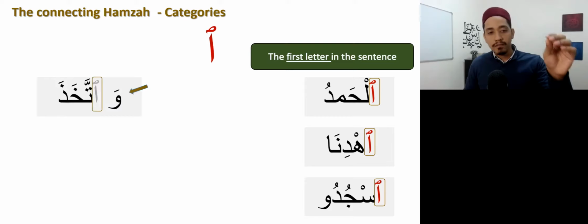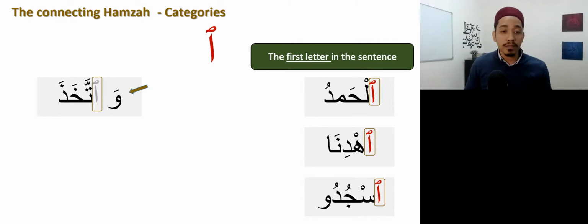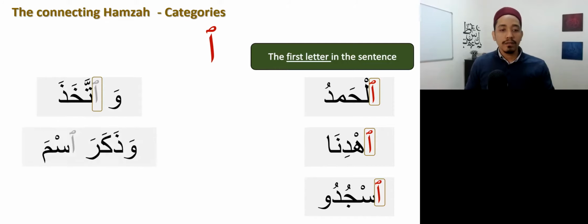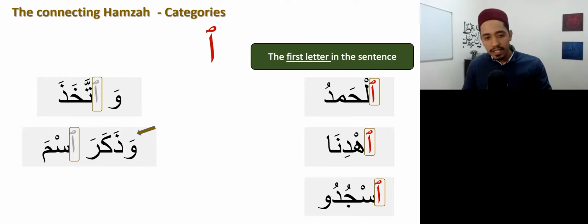There are words or letters before the connecting Hamza. Again, in this sentence, the connecting Hamza is again not the first letter. There is speech, words, letters, anything before the connecting Hamza. There is something before it. It's not the first letter.